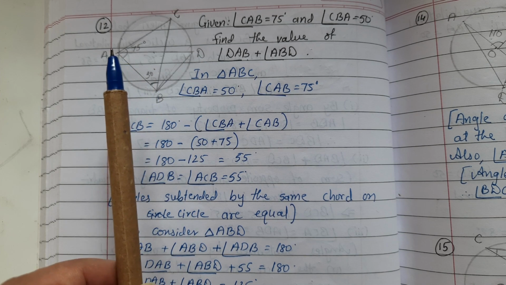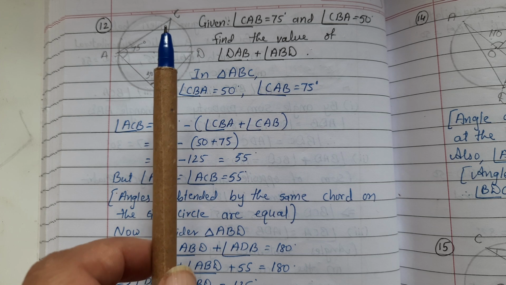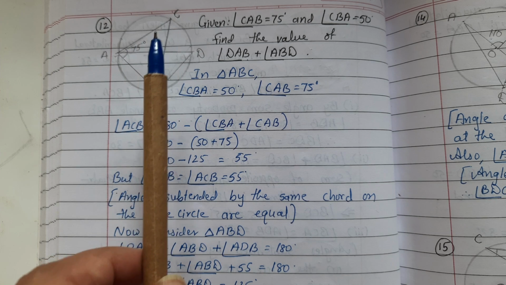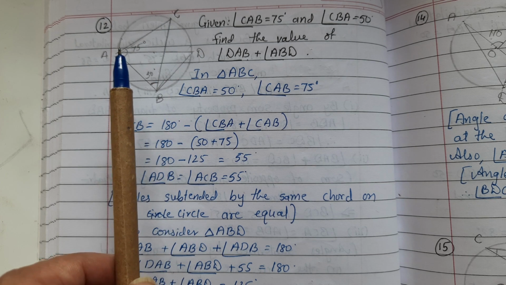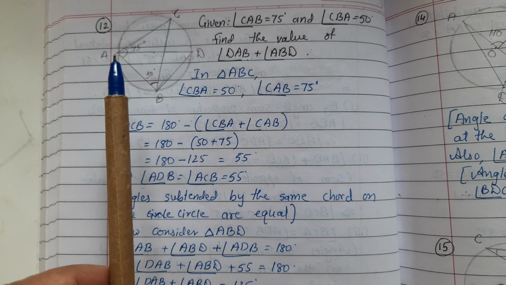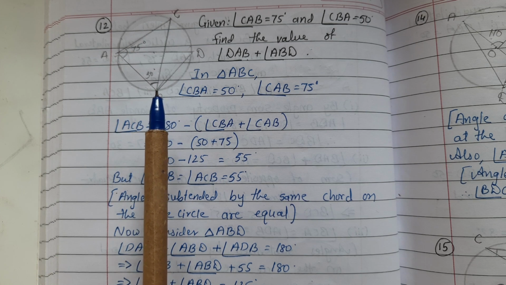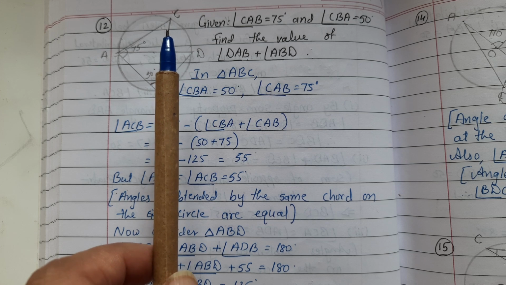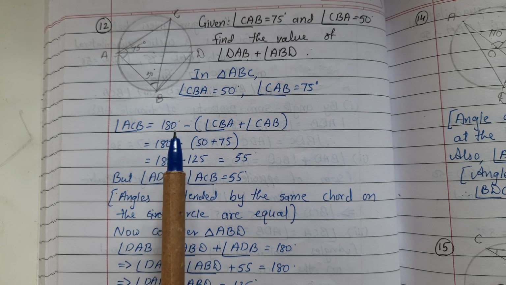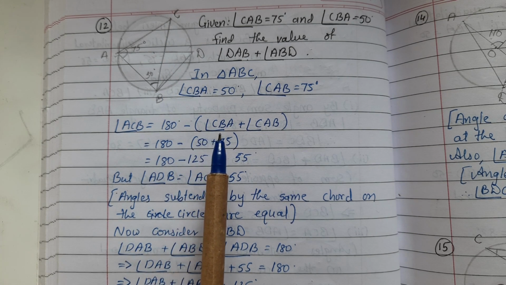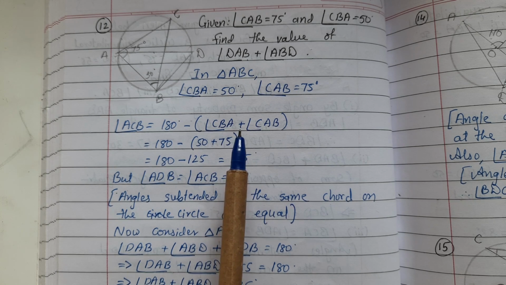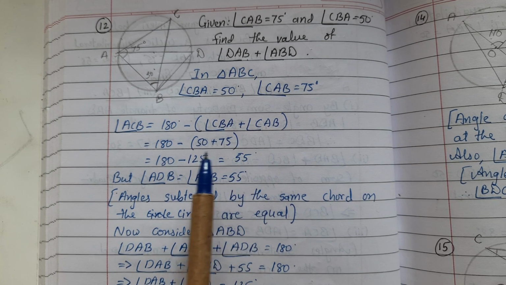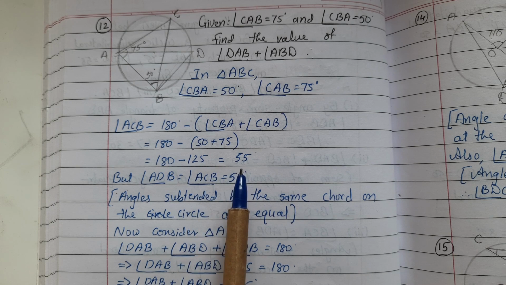In triangle ABC, angle CBA is 50 degree, angle CAB is 75 degree. Therefore, angle ACB is 180 minus (angle CBA plus angle CAB), which is equal to 180 minus (50 plus 75), which is equal to 180 minus 125, 55 degree.